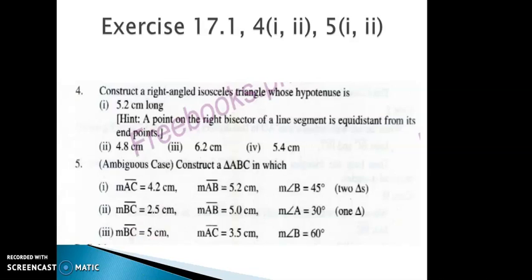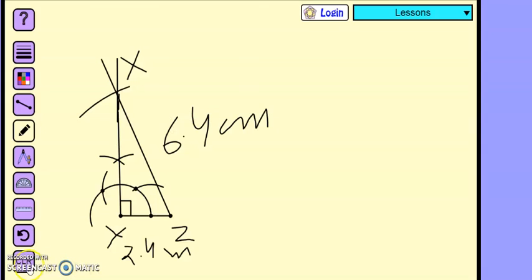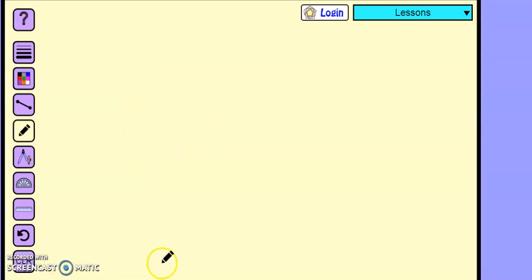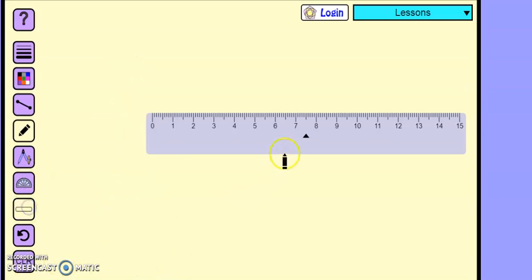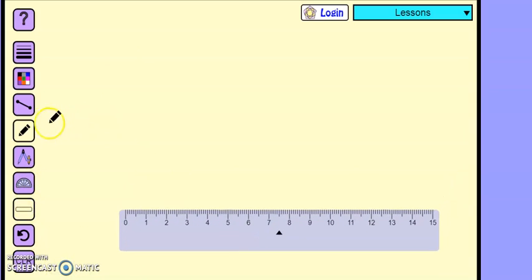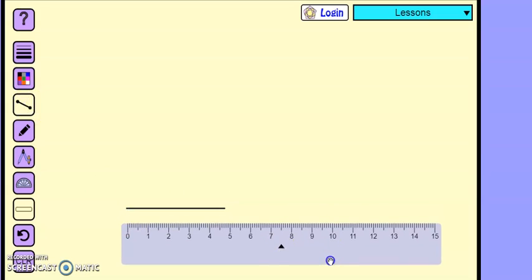So in this case, let me clear the screen. First of all, you will draw a line segment of 4.8 centimeter.